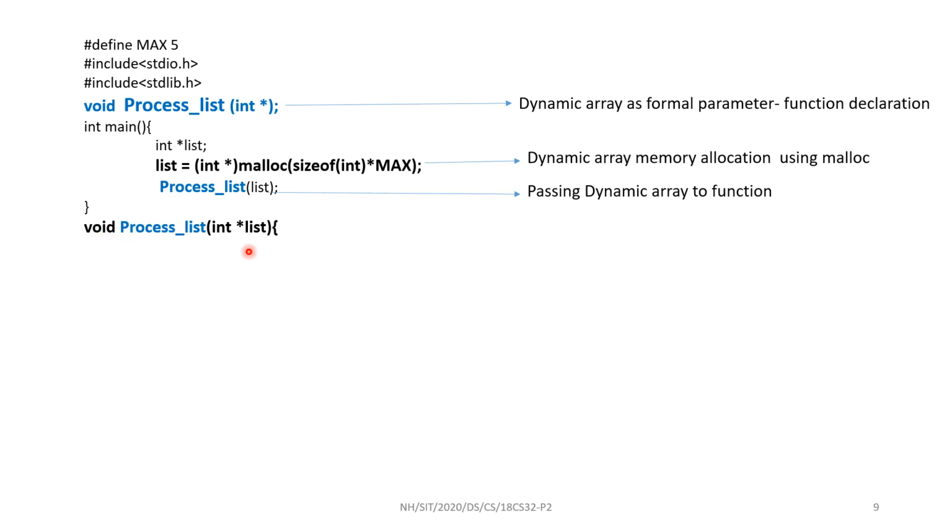A function is now defined with the function name, the data type, and a pointer. The name of that local pointer is list. Now we will see how to read data elements and how to store those elements in those locations. In the case of a static array, we see the use of ampersand, but here we are using the address itself.